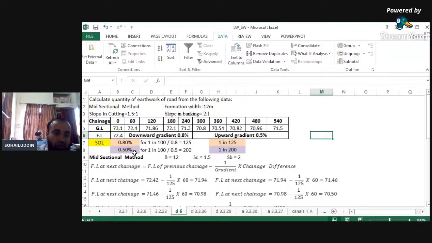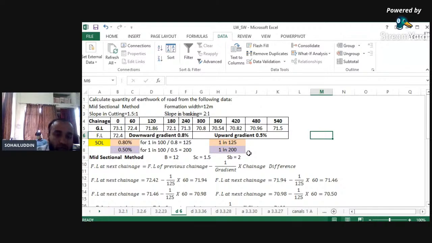Again 0.5% is given, so to calculate 1 in something we have to reverse this. Instead of 0.5%, we take 100 divided by 0.5, that is 200. So 1 in 125 for 0.8%, and 1 in 200 for 0.5%.